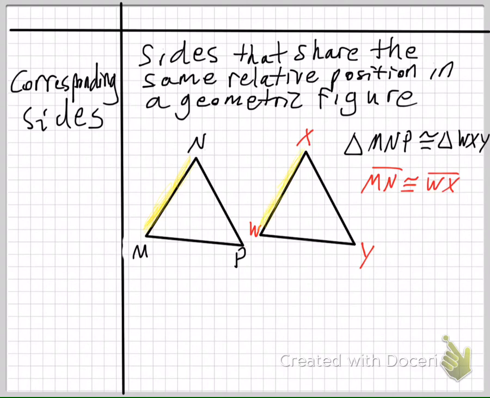I don't really like this highlighter that I have, so let's change it. I can also say that MP is congruent to WY.